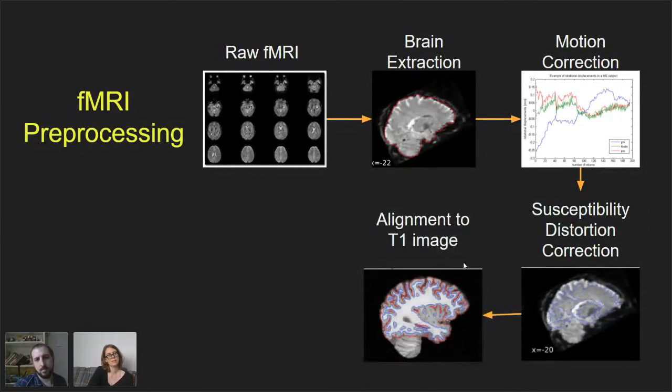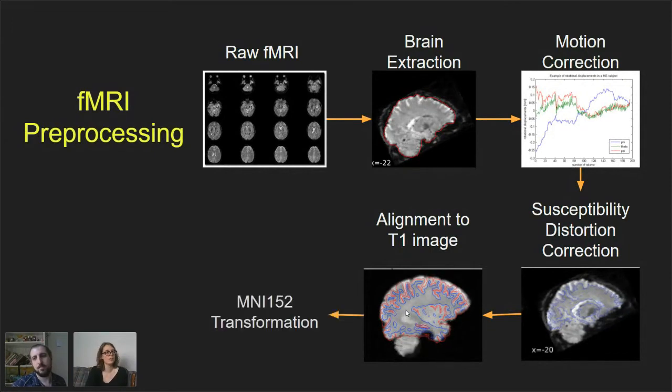We need to align the fMRI image to the anatomical image. And we need to transform the data, and we need to do this idea of confound regression to try to get rid of noise signals that are caused by motion.